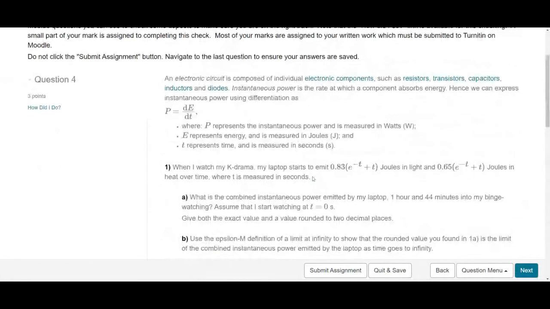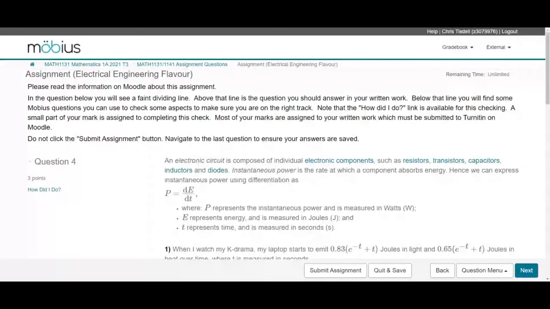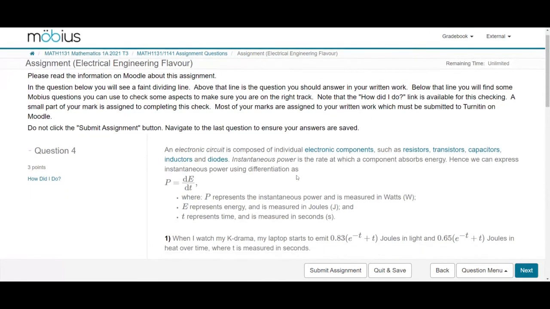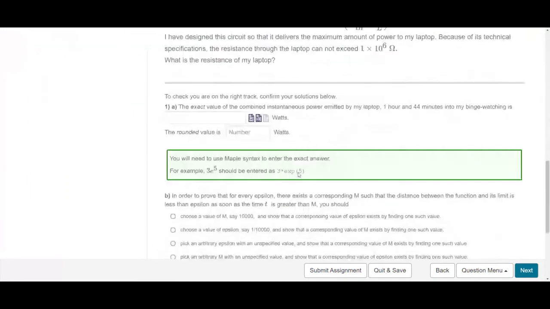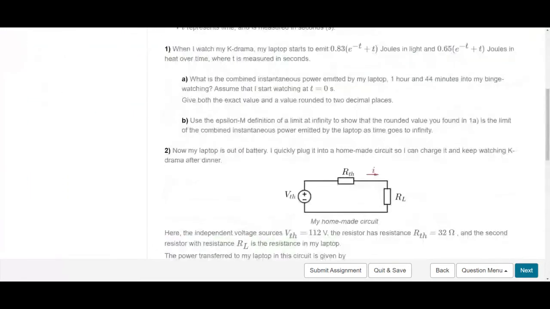That's probably true for all of them. The first two questions look very similar, and the third one looks different. This looks more like it's about circuits, and some differential equations. So it looks like you can try before you buy. You can surf around.